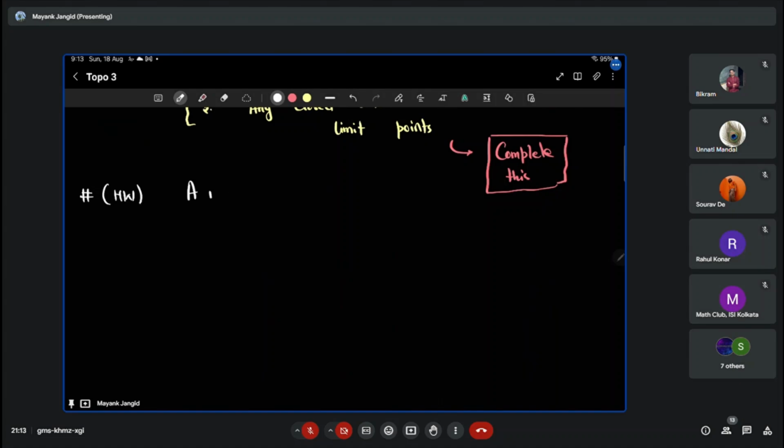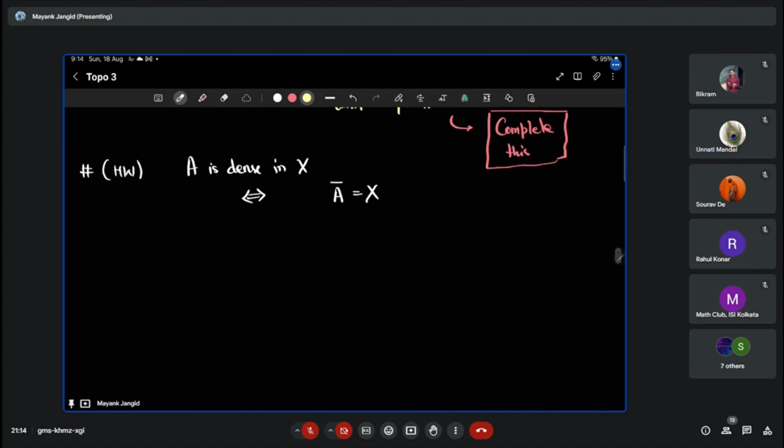A is dense in X if and only if A closure is equal to the full space X. This is an easy thing to verify. So I think you all should try this one. Fine.